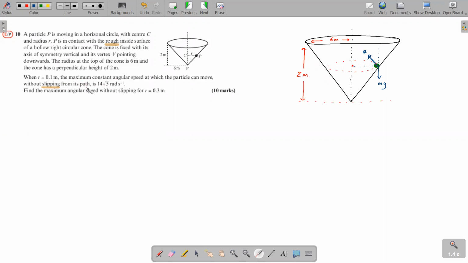Now they are talking about the maximum angular speed, right? So the particle is moving around in this circular path, and it achieves the maximum speed it could possibly achieve for this particular radius. So what's the tendency? If you're moving at the highest possible speed for this particular radius, you need to visualize this.